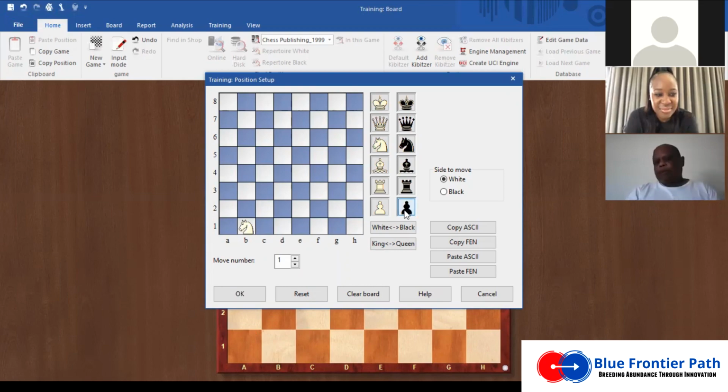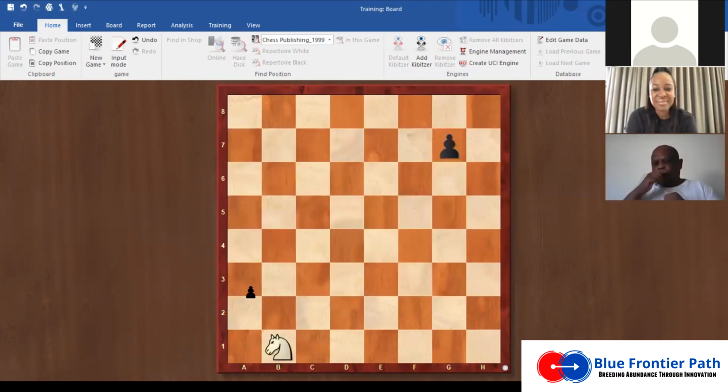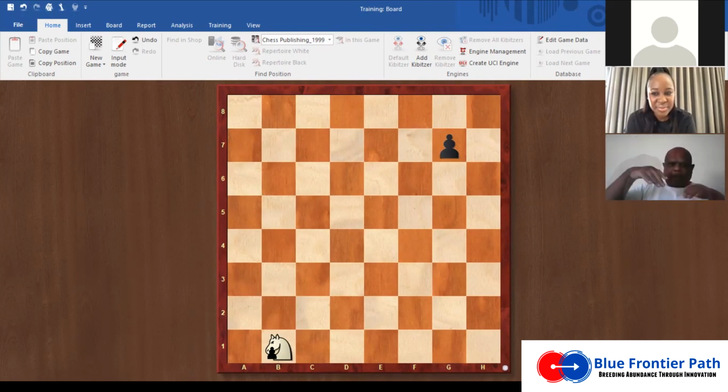I'm doing this for the purpose of somebody who does not know how the pieces move. Now, the knight in chess can move in any direction, however, there are rules, obviously. You are allowed to move in any direction, but you must move 2 squares.